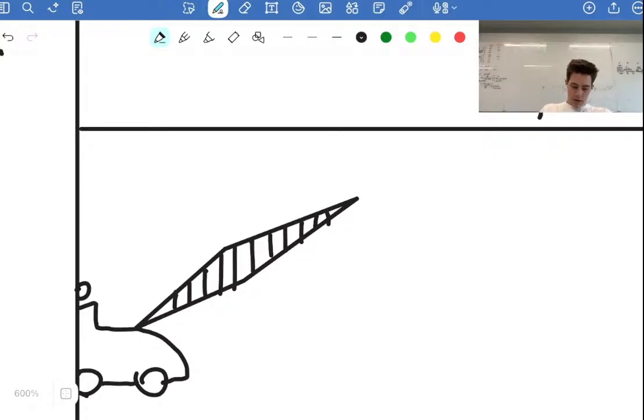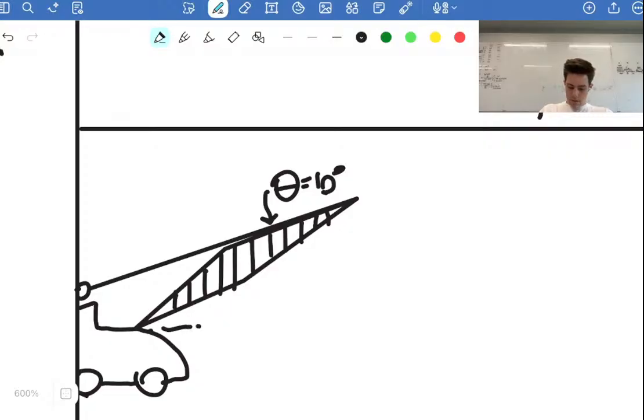Here is our little tension cable, we'll connect that to that end. We'll say that theta on this side equals 10 degrees. And then right here, theta equals 30 degrees.